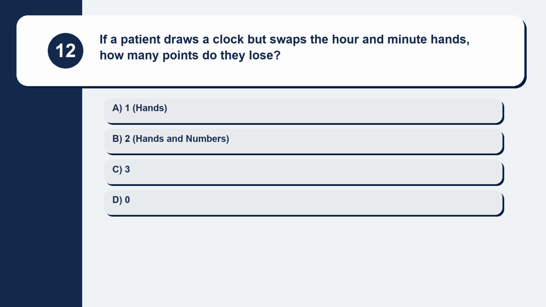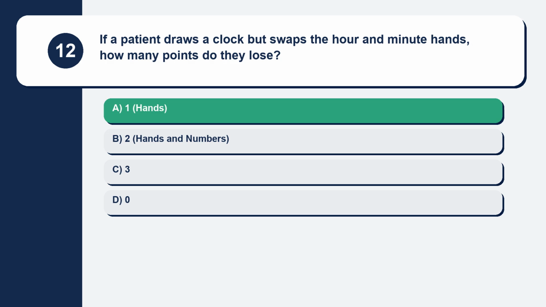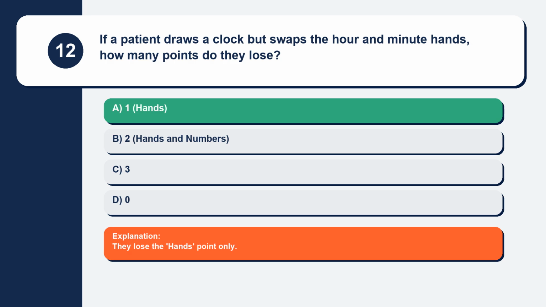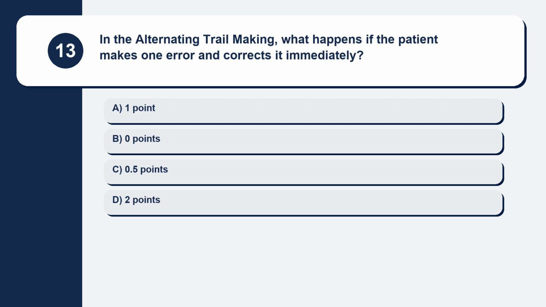Question 12. If a patient draws a clock but swaps the hour and minute hands, how many points do they lose? 1, hands. 2, hands and numbers. 3. 0. They lose the hands point only. Question 13.